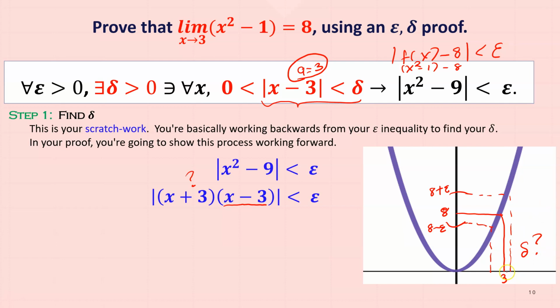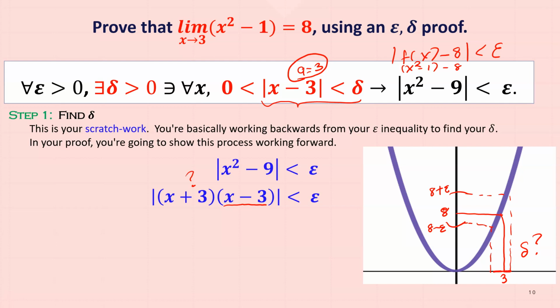As you can see, the distance on the right is smaller than the distance on the left. So we know we have to take the minimum of the two distances. But what is that exactly? How do we manage that? Here, I just need to know the boundary of my x plus 3.